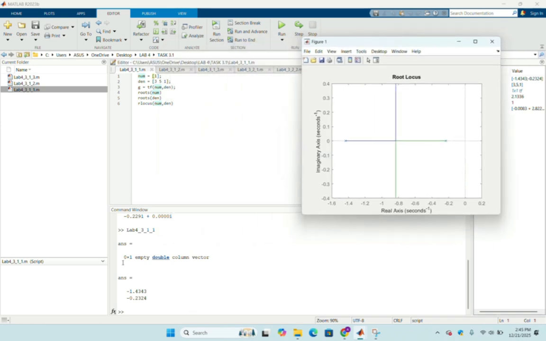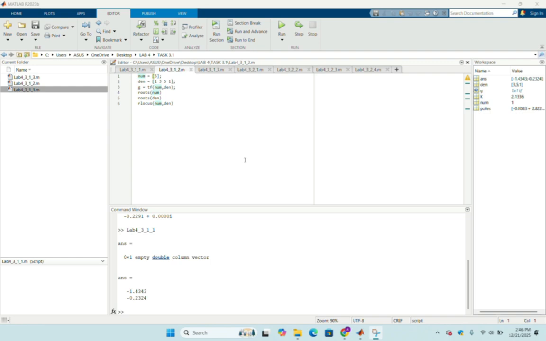This is my answer: an empty matrix 0 by 1 for the zeros, and for the poles negative 1.4343 and negative 0.2324.